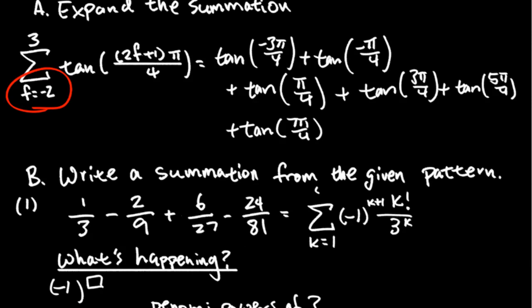So maybe it's 4. Let's check that for k factorial. So does 4 factorial equal 24? It's 4 times 3 times 2 times 1. And yeah, so that'll be 4 times 6, which is 24. So that checks out. And that is this thing.